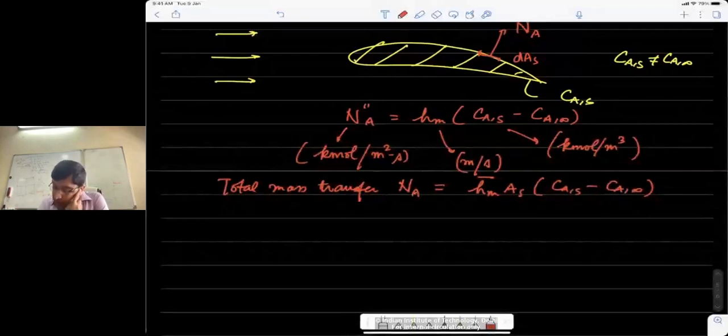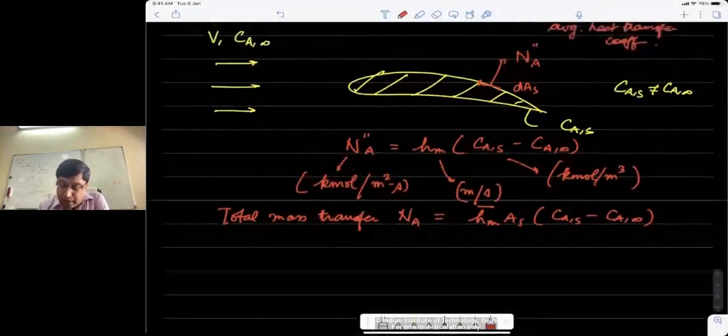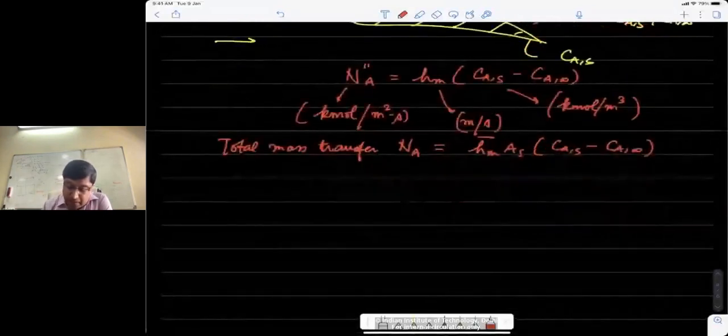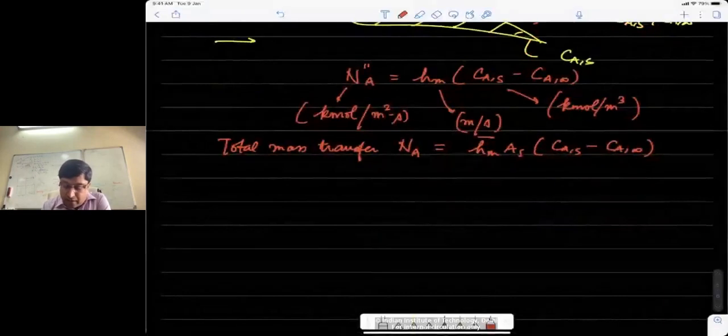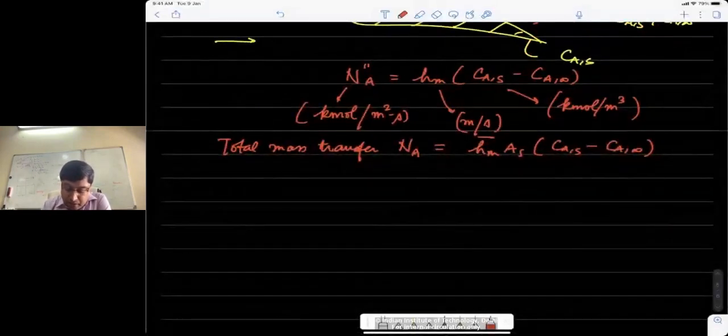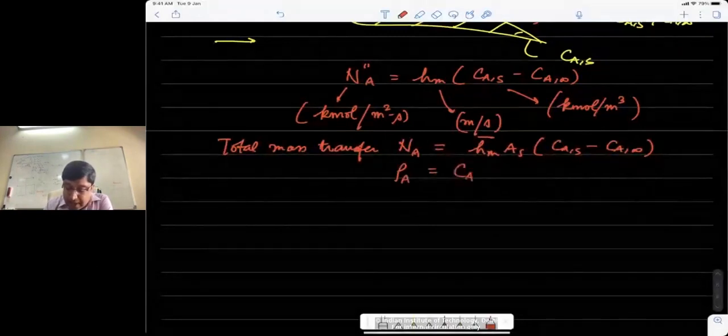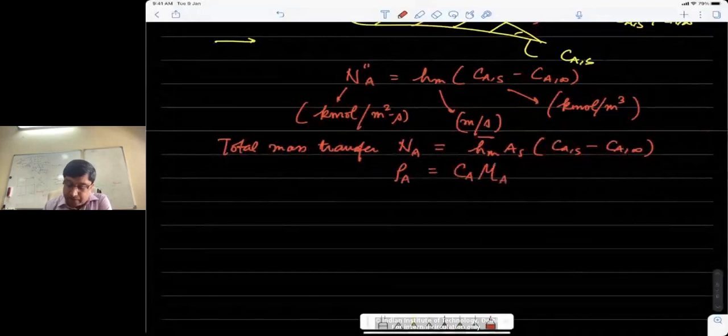So it is also convenient sometimes not to work with concentration, but to work with density. But density and concentration have a very simple relationship. I can write the density of species A to be the concentration of species A times its molecular weight.